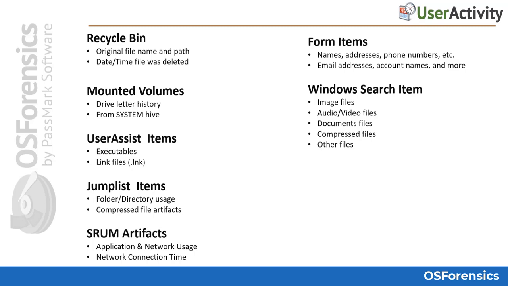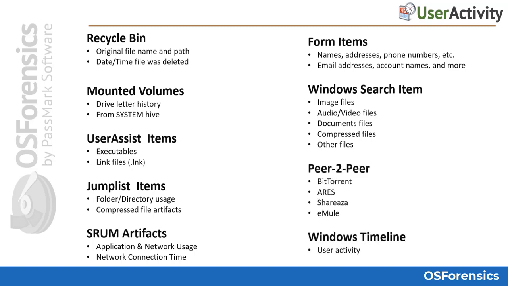And this service runs in Windows and automatically indexes new files and keeps up with changes to the file system. So here this information is presented in a much easier to view format as opposed to the more comprehensive and robust view within our ESE database viewer module. Peer-to-peer artifacts section, so that's going to present all the artifacts related to certain popular peer-to-peer applications, things like BitTorrent, Emule, etc.